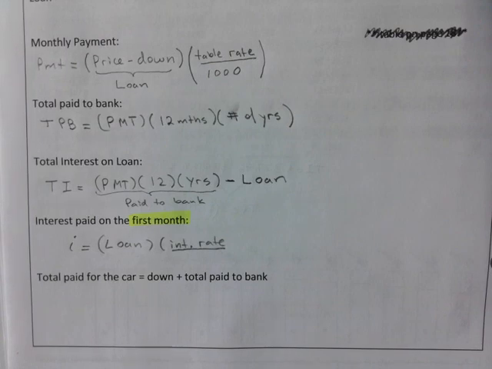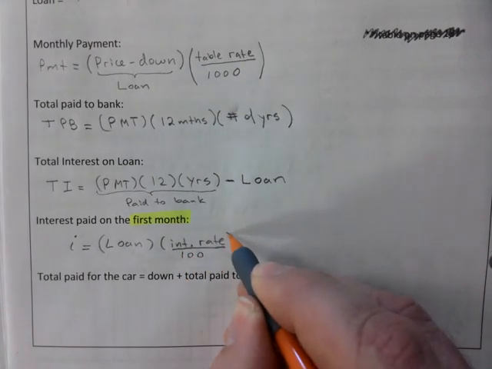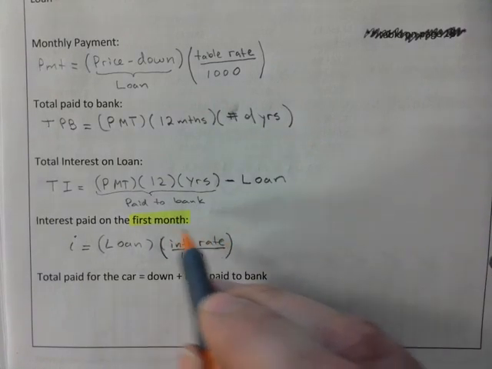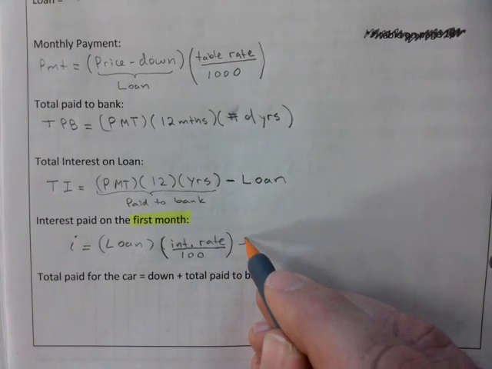It's always as a percentage. So you divide it by 100, right? So we divide that by 100. We take all of this. And this answer has to be divided by 12.